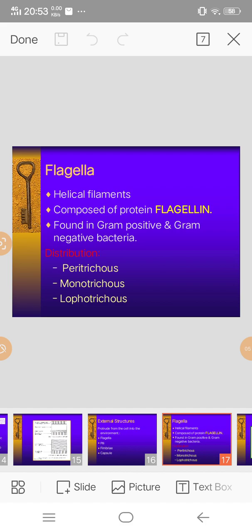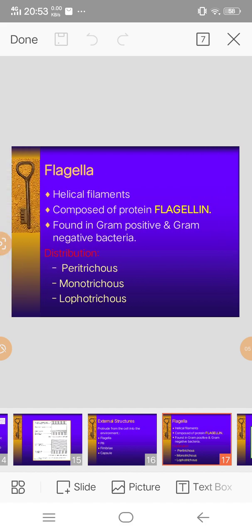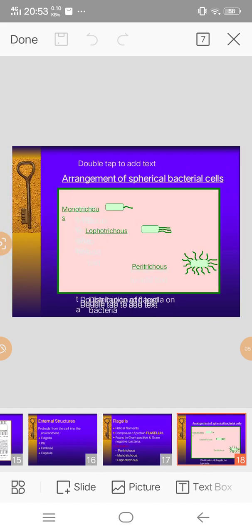There are different types: peritrichous, monotrichous, and lophotrichous flagella. Here is the diagrammatic representation: monotrichous has a single flagellum, lophotrichous has multiple flagella, and peritrichous has flagella all over the bacterial cell.